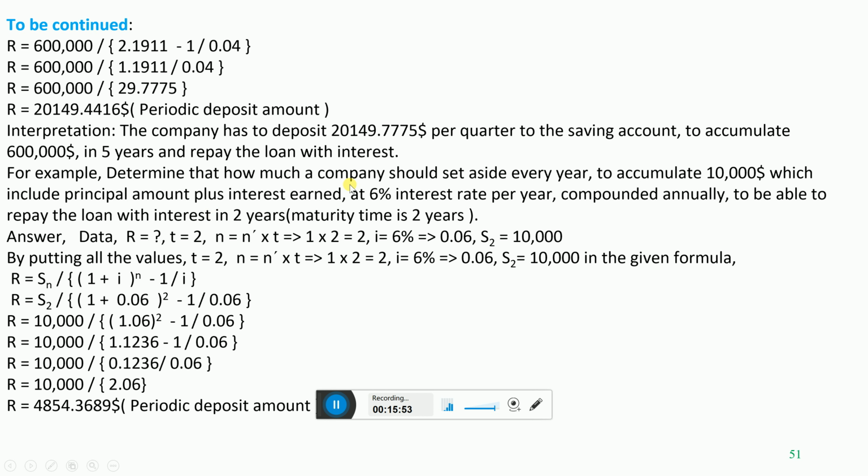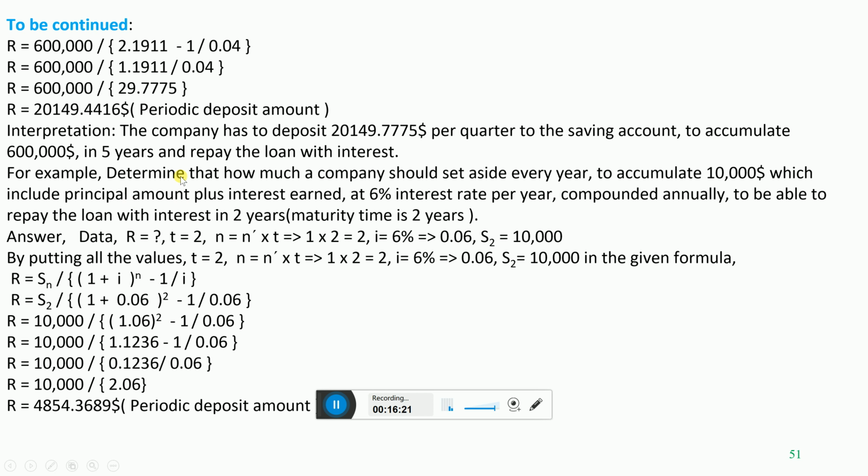Here again we have to determine how much the company should deposit every year in a saving account if the bank will pay 6% interest rate per year compounded annually, to accumulate $10,000 to repay in 2 years, which includes principal amount and interest as well.